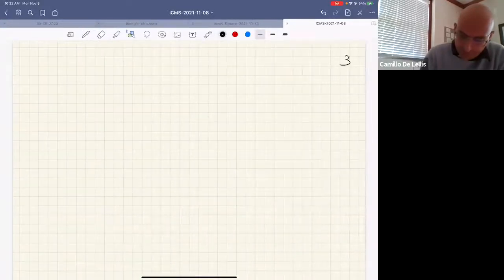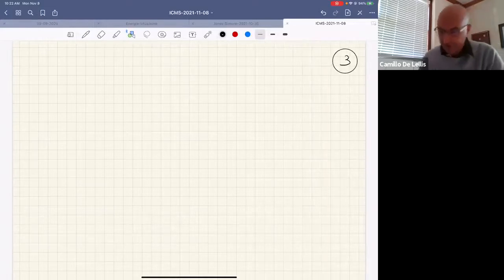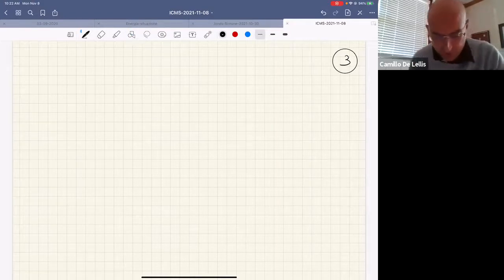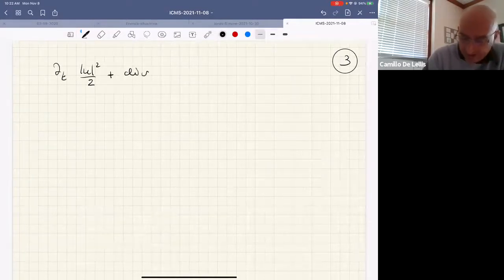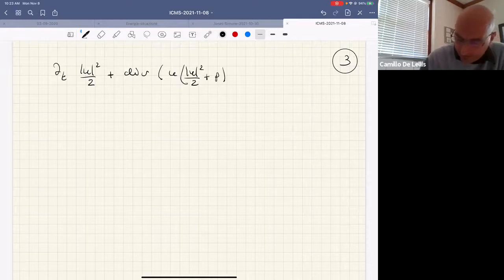Okay, and now, if you believe that dissipative solutions of the Euler equations are a shadow of this phenomenon, of course, you might also remark that solutions of the Navier-Stokes equations, as long as they are smooth, satisfy a corresponding local kinetic energy identity, which is given by the following equation.